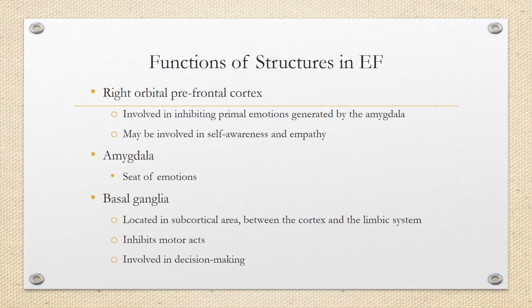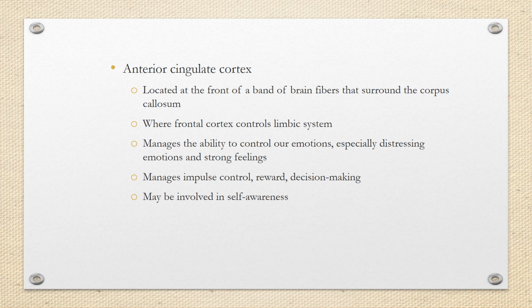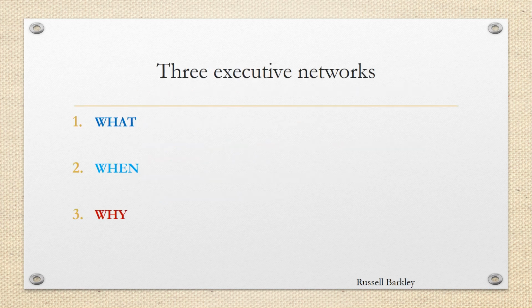So the prefrontal cortex is the governing structure for all of the areas of the brain that are involved with executive function. I mentioned the corpus callosum and the cerebellum, and the anterior cingulate cortex, which is where the frontal cortex controls the limbic system, and it manages impulse control, reward, and decision making.